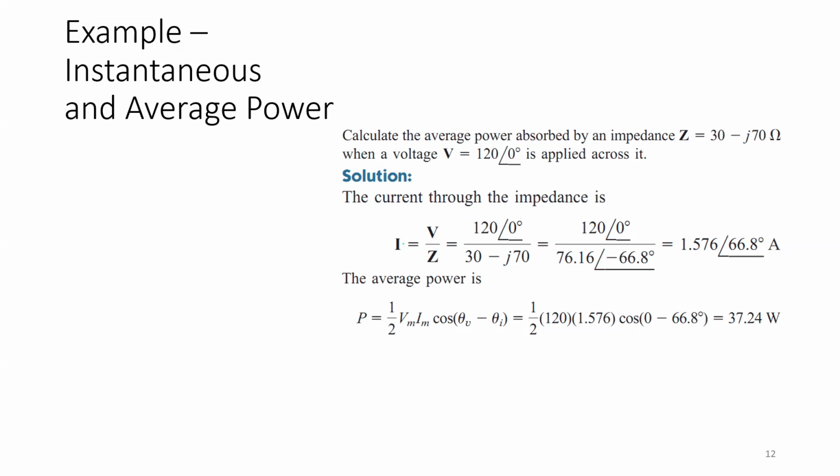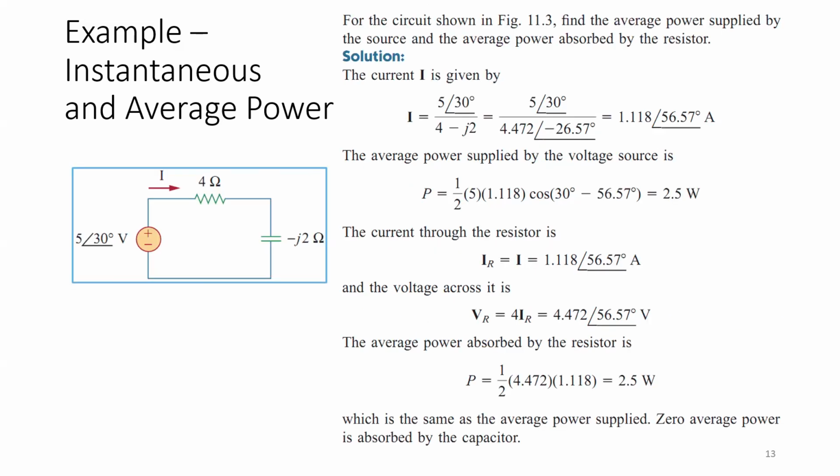In order to get the current, just divide voltage by impedance, and we get this amount of current. To get the average power, just use this relationship, put in the different values, and by calculating we get the answer 37.24 watts.